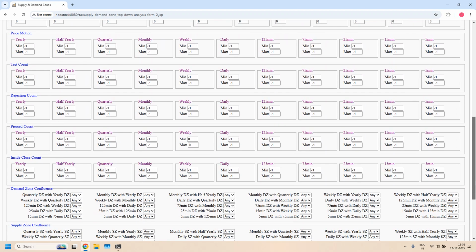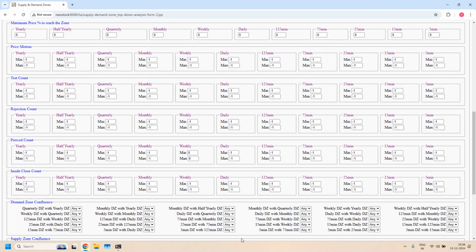But this filter should be applied to weekly demand zones. And these weekly demand zones should have zone confluence, weekly demand zone with, first let us look for weekly demand zone with monthly demand zone, after that weekly, monthly and quarterly zone confluence. So in the demand zone confluence, weekly demand zone having confluence with monthly demand zone.